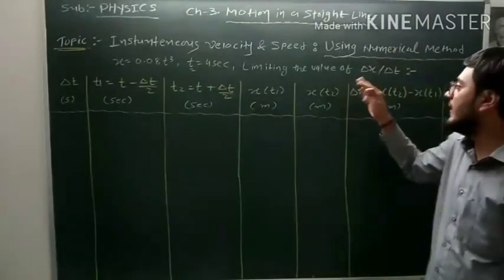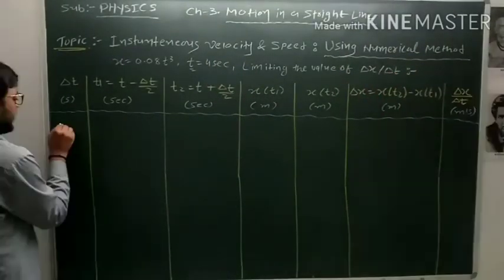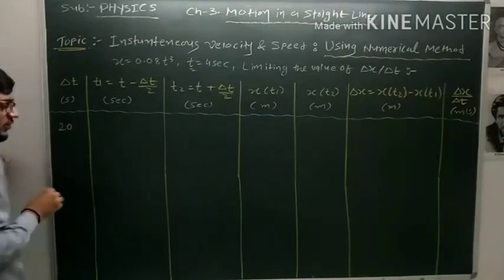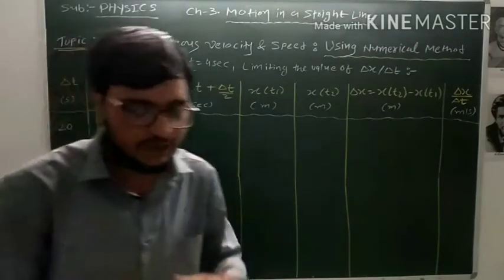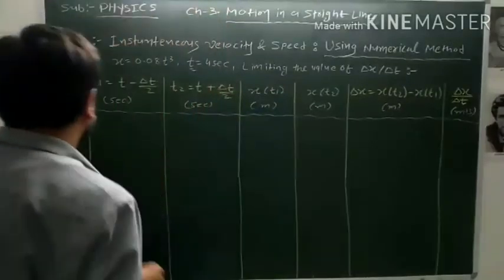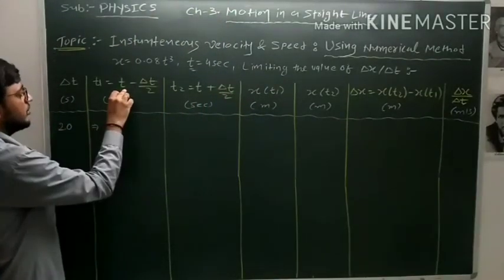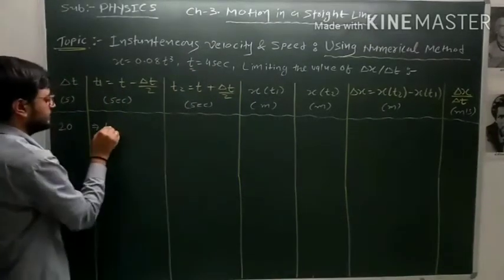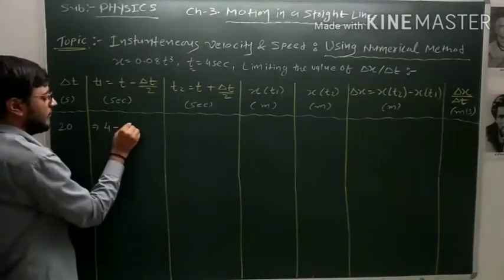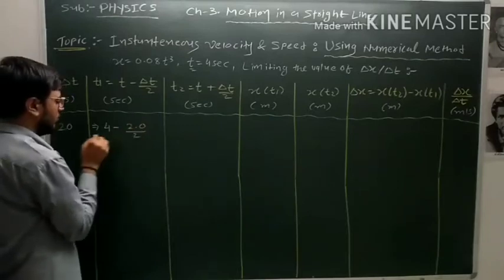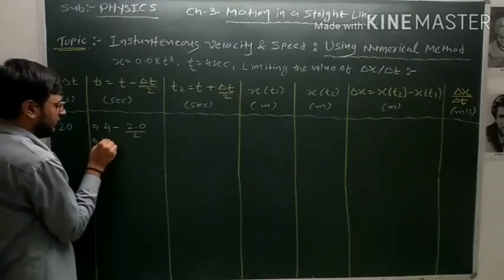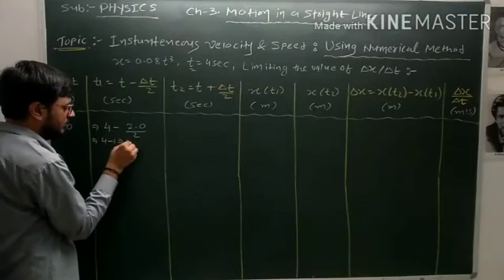Now the limiting value of delta x by delta t. Suppose first we take the time interval 2.0. So here we can get t1: we put t equals 4 seconds and delta t equals 2.0 by 2, so 4 minus 1 is equal to 3.